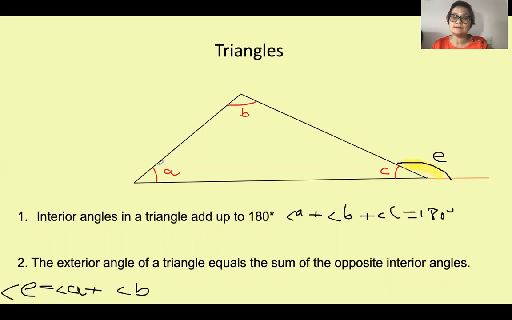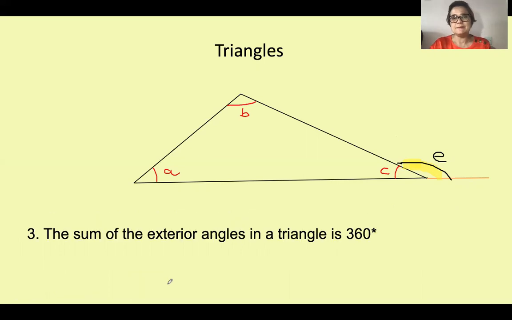So these two angles, angle A and B, are opposite the exterior angle here. This is what the theorem says. So this is another thing that you try to remember off by heart. And then the sum of the exterior angles in a triangle is 360 degrees.